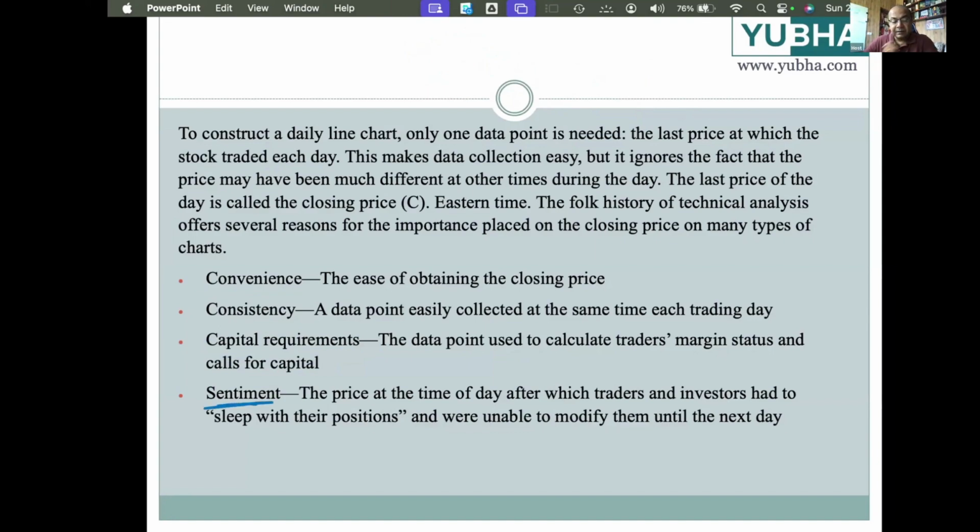And then the sentiment. Typically, the last price of the day is what you carry over to the next day, and for people carrying over positions it is important because that is something they cannot modify. Closing price is also important because most of the big players bring in most of their orders during the last few hours of trading.